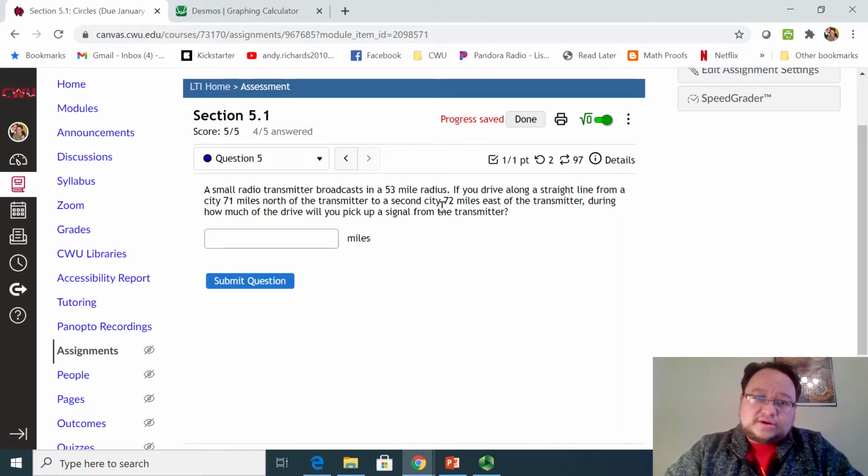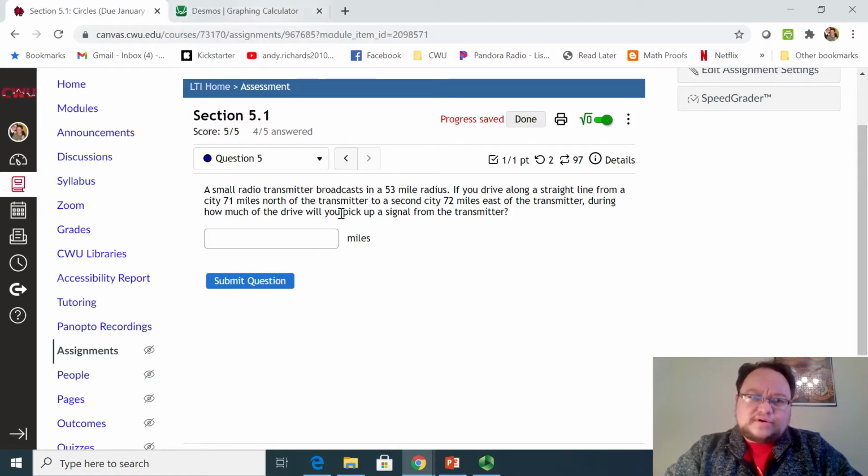So it is a line between these 2 points. And in that drive, we will actually be entering the transmission signal of this radio tower. So the question is, how many miles are we actually going to be able to pick up the signal from that transmitter?